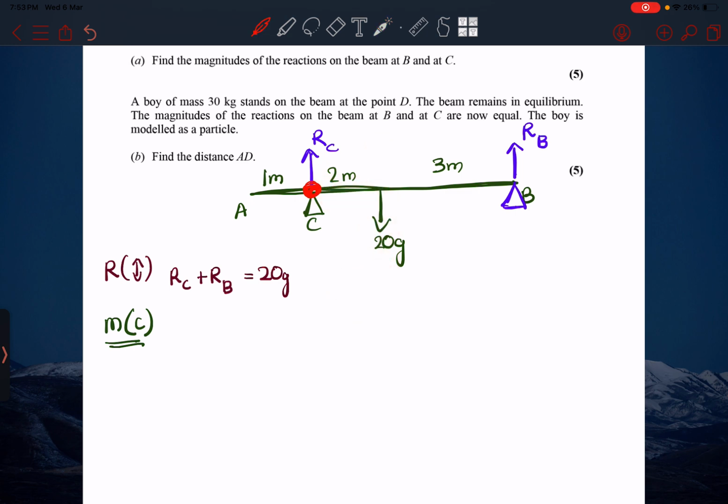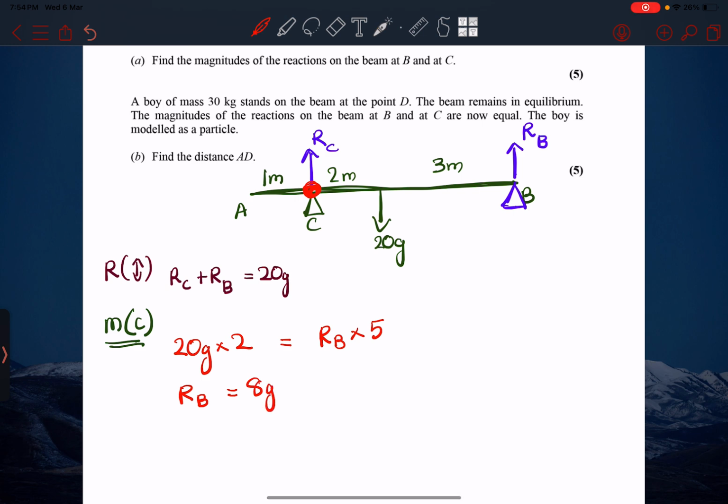So you now have 20 g times 2. That is my first moment. The next force causing a moment is RB, which is going in the anti-clockwise direction, and the perpendicular distance to the pivot point is 5 meters. So that would be RB times 5 meters. So we can now say, solving for RB, it is equal to 8g.